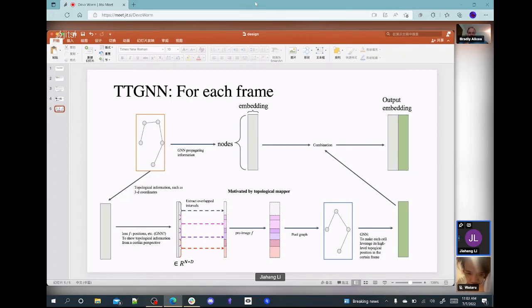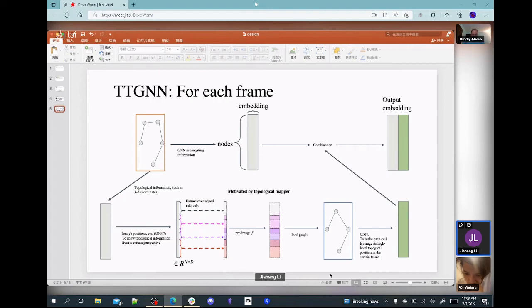So to show the topological information from a certain perspective, we'll have such a one-dimensional embedding, and we extract the overlapping intervals, such as this color, and we obtain its pre-image, and we will do some simple pooling, such as obtaining the mean value of each interval or each cluster.